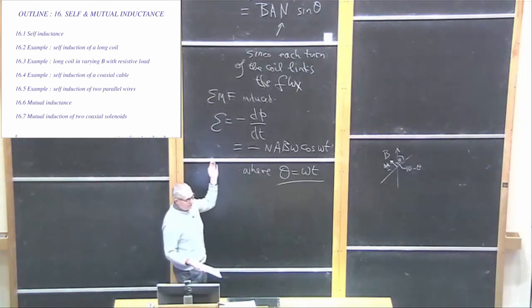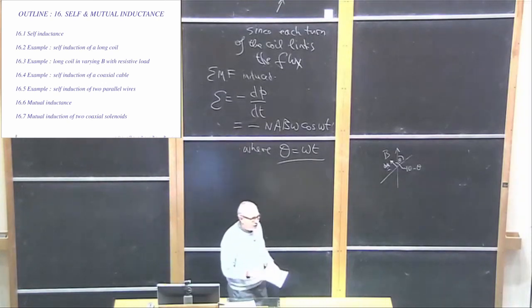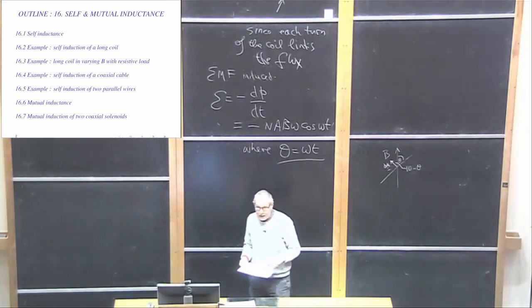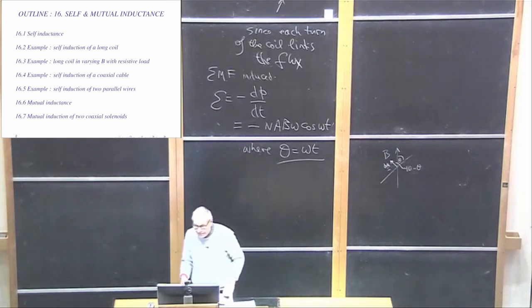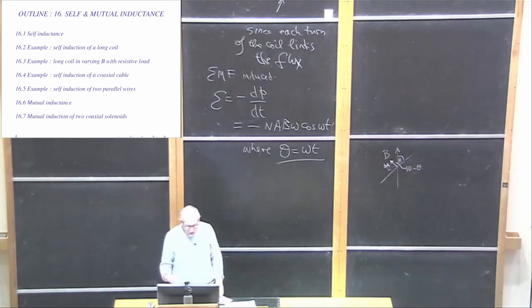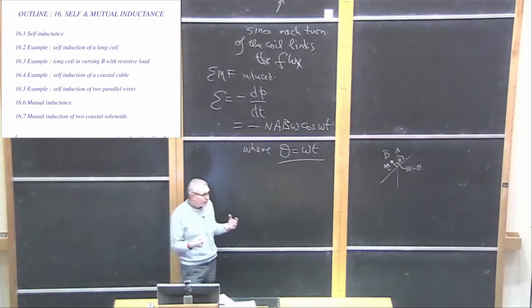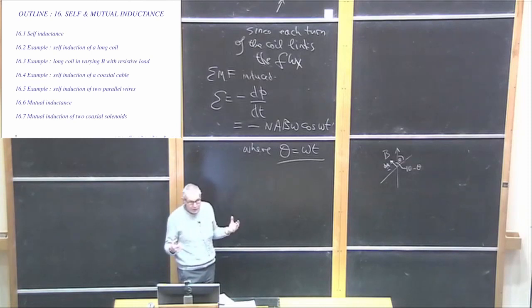By the time I've finished this lecture, I hope you understand what an inductor is in an electrical circuit. I'm going to talk about what self-inductance is. Then I'm going to calculate the self-inductance of a number of things.